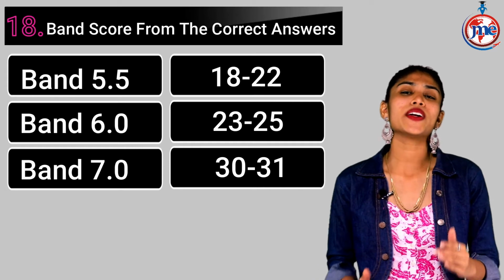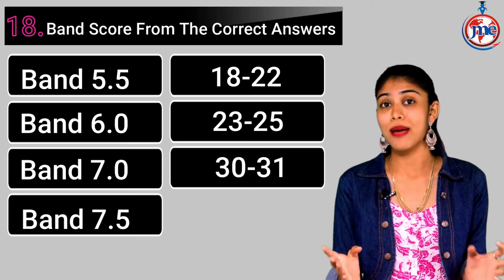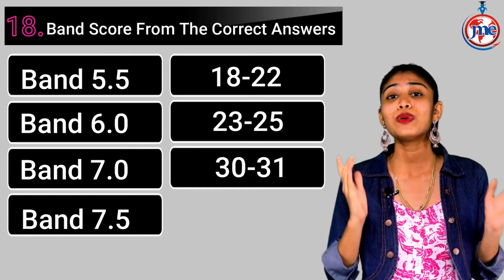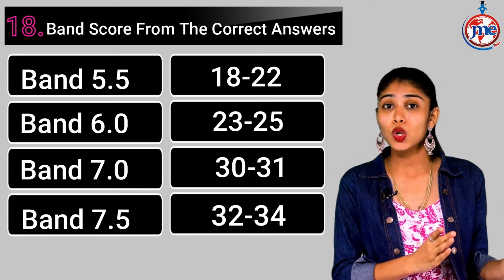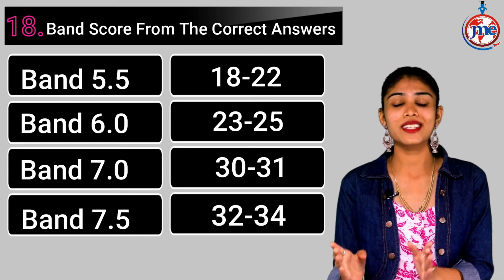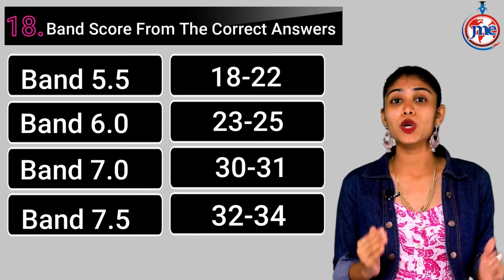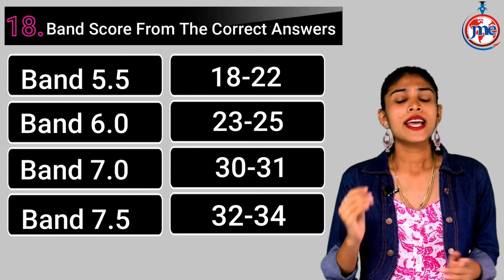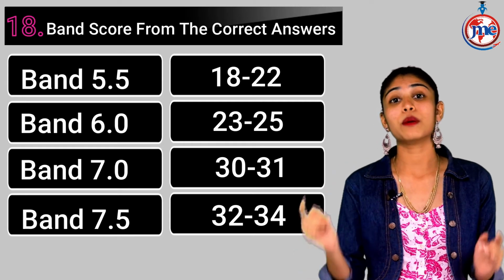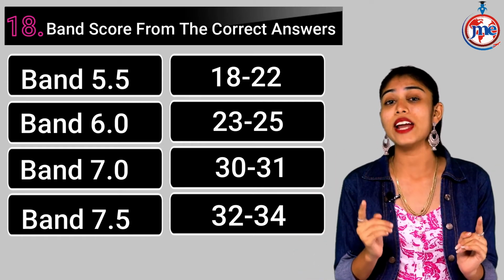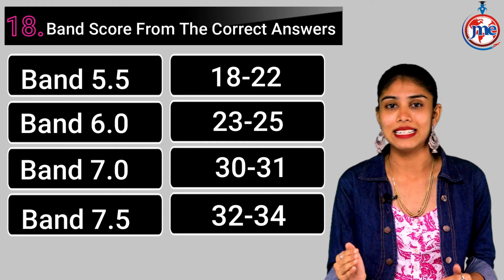And if you want to score 7.5 bands, then you have to answer 32 to 34 questions correctly. So students, I have explained band scores because in your IELTS listening task, band scores are decided from your number of correct answers.